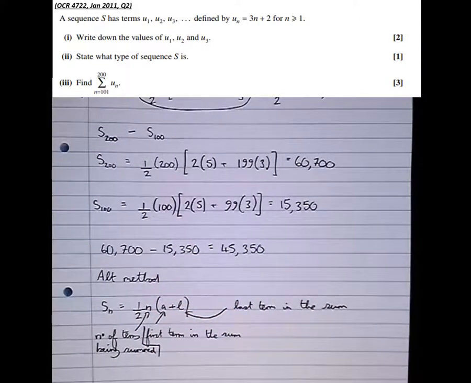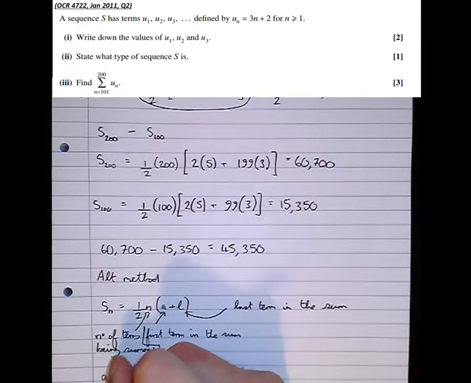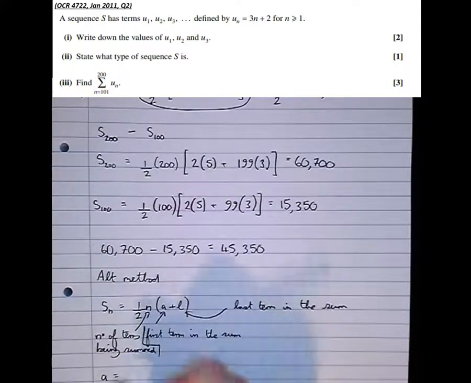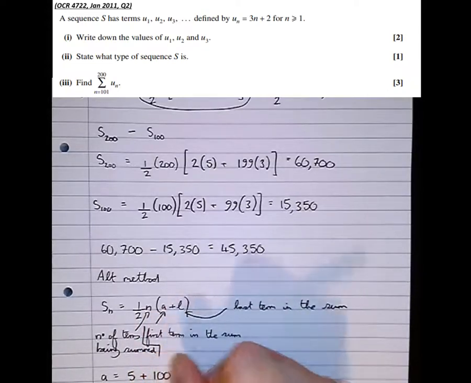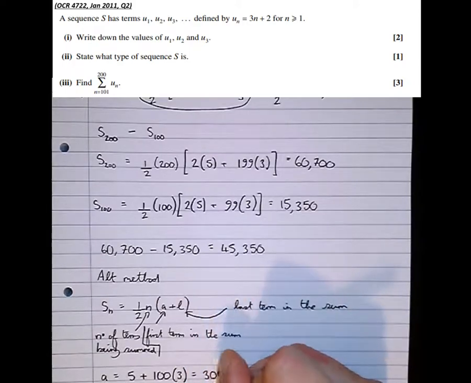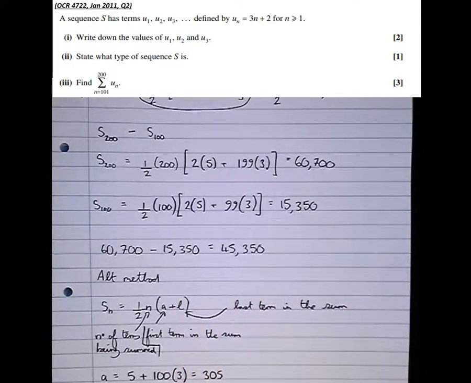Okay, so the first term in the sum is the 101st term. So a is the 101st term. So that's first term in the sequence is 5 plus (n minus 1) times the difference equals 305 is the first term in the sum.